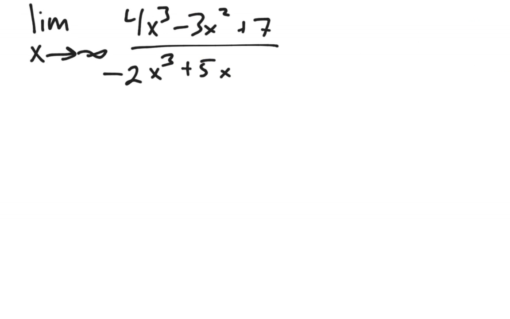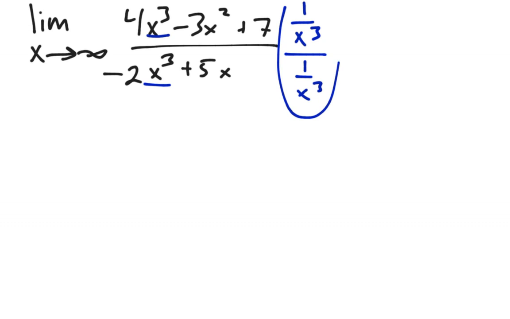Ta-da! This second algebraic trick also works for more complicated things. If I have 4x cubed and so on, x cubed is the largest exponent, so I'm going to multiply top and bottom by 1 over x cubed. The reason I can do this is because this fraction is just 1, in a very strange form.